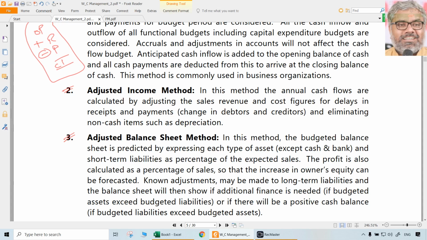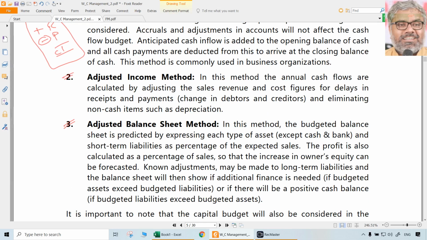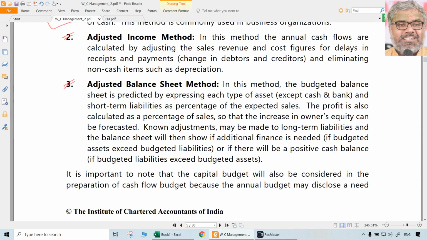Adjustment of various items from the income statement or from the balance sheet, or both of them together, is needed, because in cash flow statement preparation you need to know various changes in the working capital. If you remember, that has to be adjusted too, and those details will come from the balance sheet. Everything will not be in the income statement. Increase or decrease in debtors, increase or decrease in creditors, all those things will come from the balance sheet. So if both income statement and balance sheet figures are given, then we can prepare the cash budget from them.